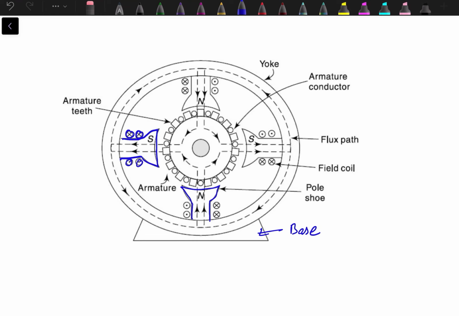And here we have rotor core in which we have the slots, and these are the conductors placed inside the slots. These are armature conductors. So flux will follow the minimum reluctance path. So it will try to remain confined to the stator core and the rotor core.